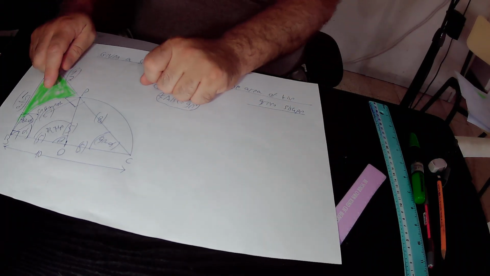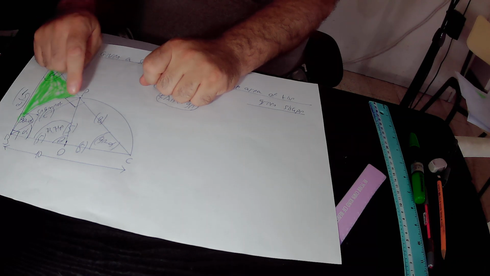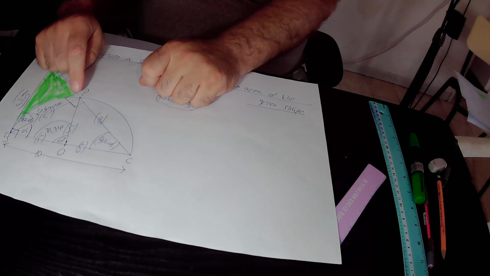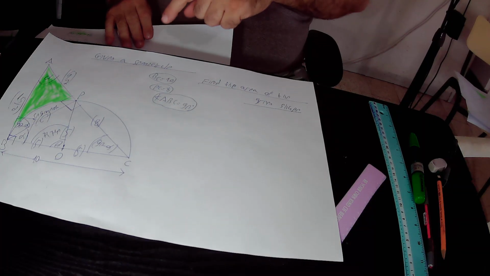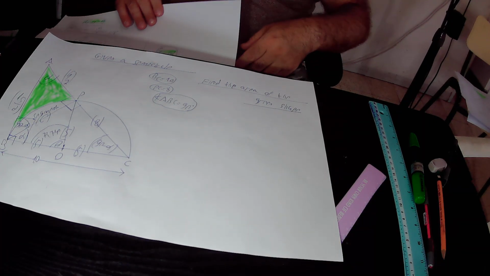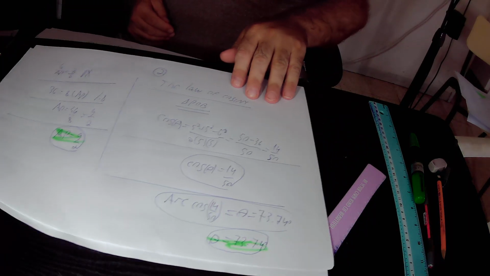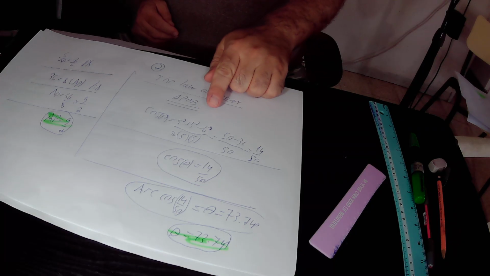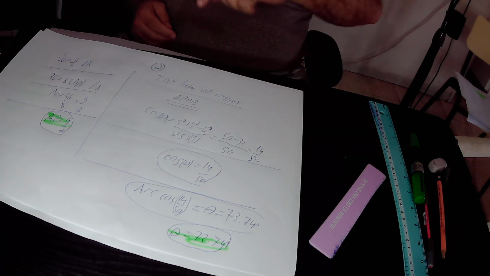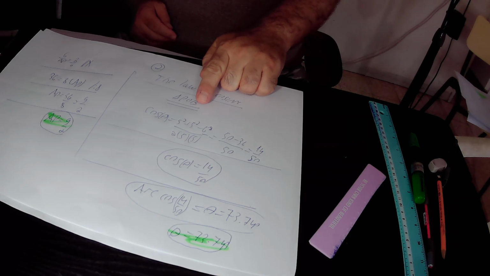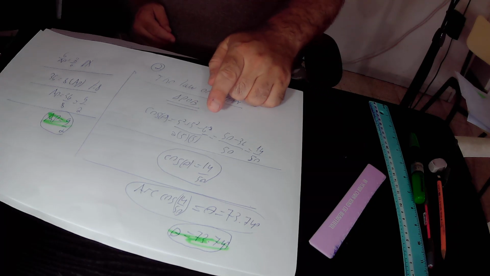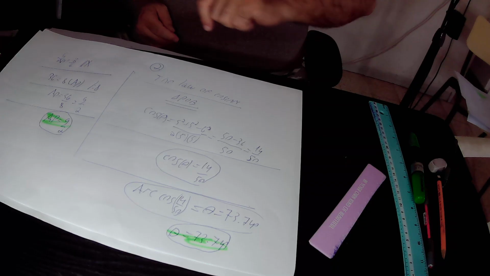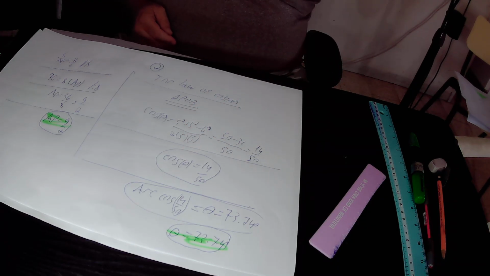According to the law of cosines, in this triangle POB, cosine theta equals 5 squared plus 5 squared minus 6 squared over 2 times 5 times 5. 5 squared is 25, plus 5 squared is 25, 25 plus 25 is 50, minus 6 squared that is 36, so it is 50 minus 36 that is 14. 2 times 5 times 5 is 50, so in total cosine theta equals 14 over 50.